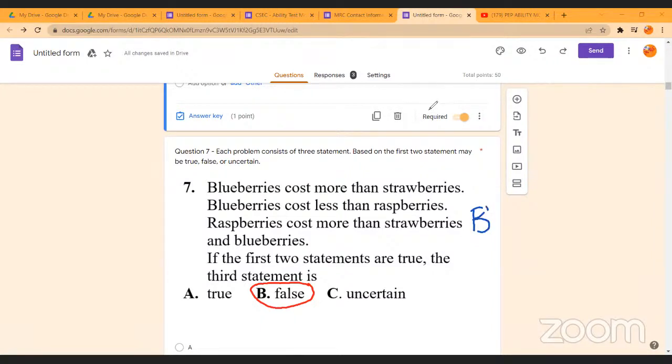Blueberry is the top shelf fruit, costs more. And then strawberry comes after. So in first position, what do we have? We have blueberry. What do we have in second position? Give me a strawberry, second. Strawberry.